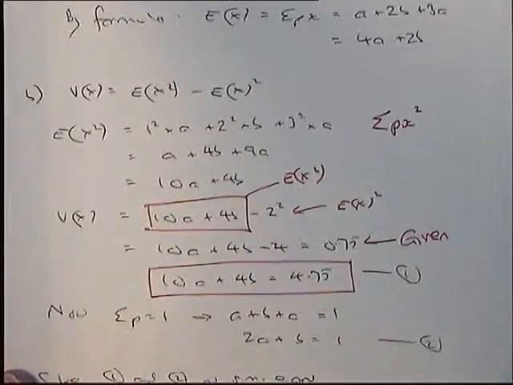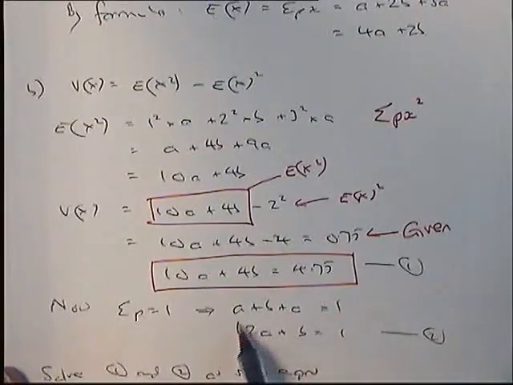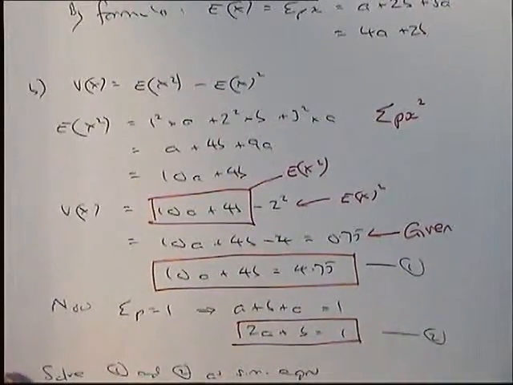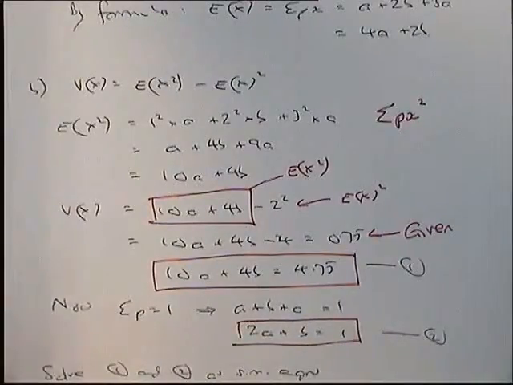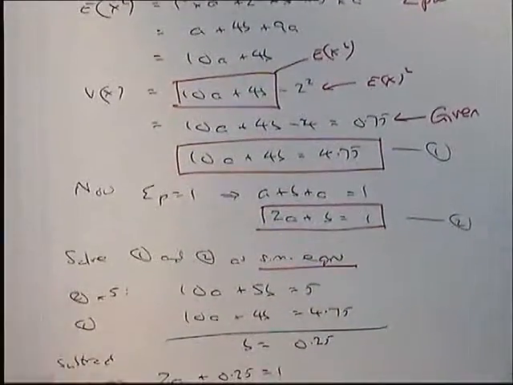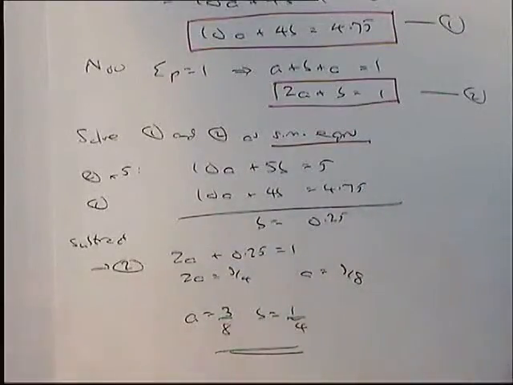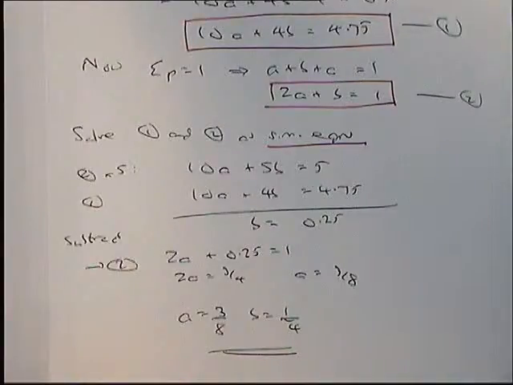You know that all the probabilities have to add up to 1. If you add those together, you get another equation there. And if you've got 2 equations with an A and a B in both of them, you've got a pair of simultaneous equations. Then you can solve those and find out what your values of A and B are. They turn out to be 3 over 8 and 1 over 4, 3/8 and a quarter.